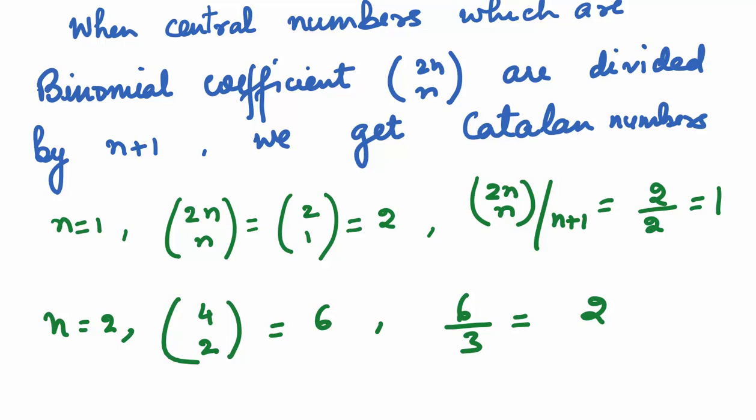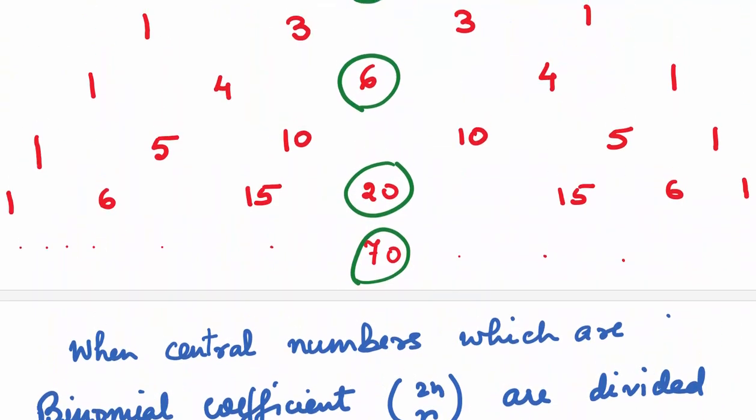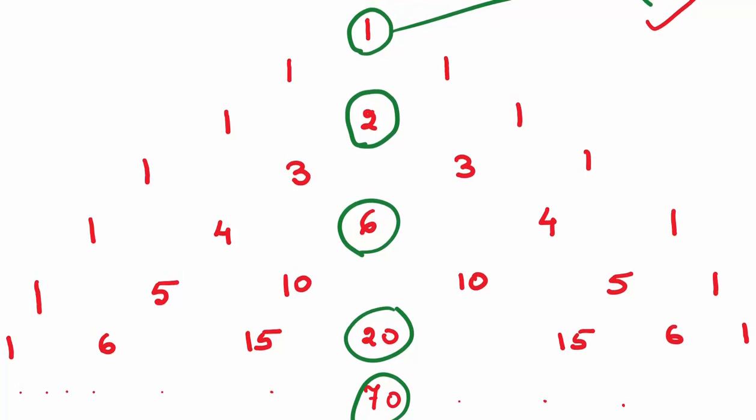If you divide this 2 by n plus 1, that is 2, you get 1. If you take n equal to 2, you will get the binomial coefficient as 6, and when we divide this by n plus 1, that is 2 plus 1, 3, we again get 2. So all the Catalan numbers can be found from the central values of the Pascal's triangle.